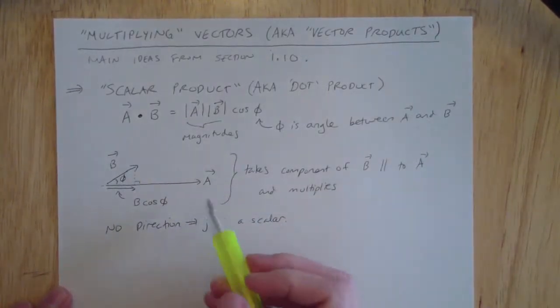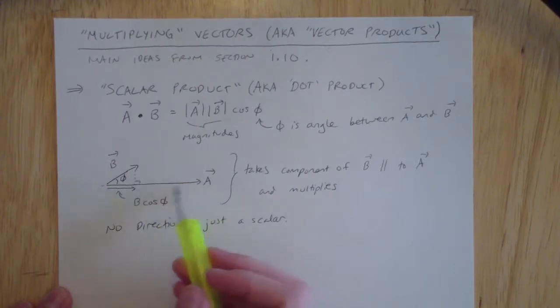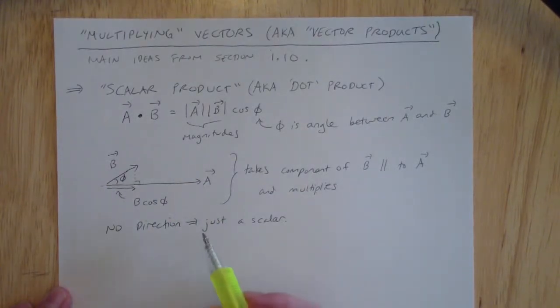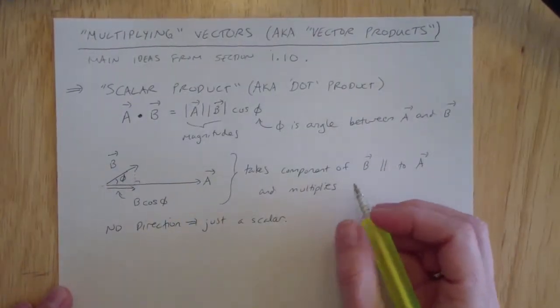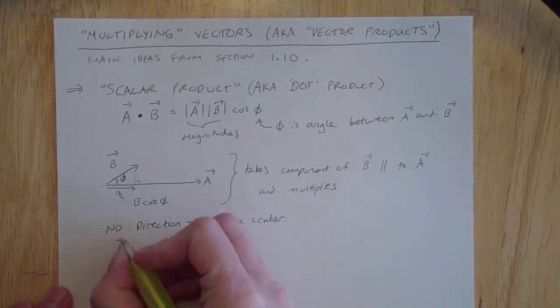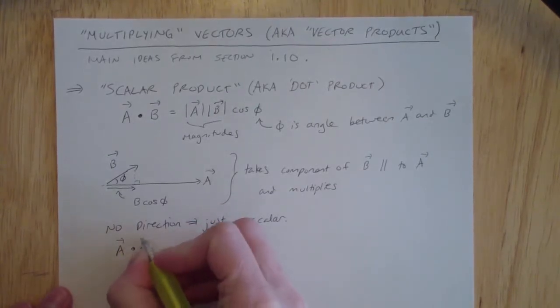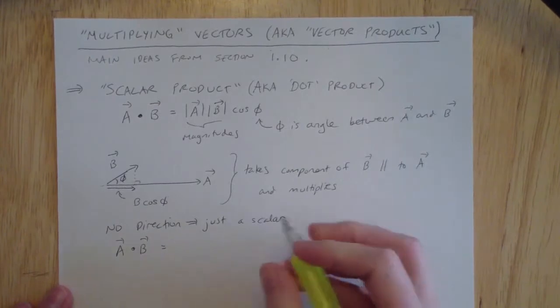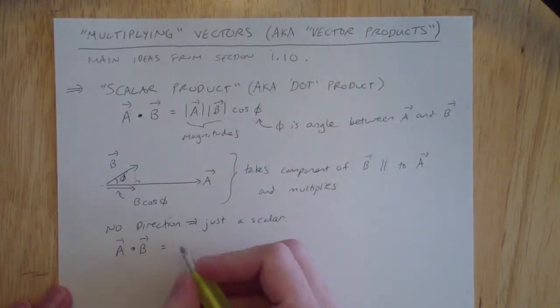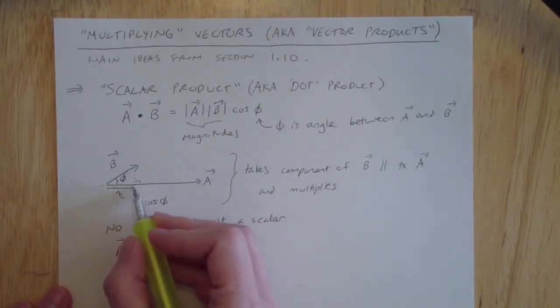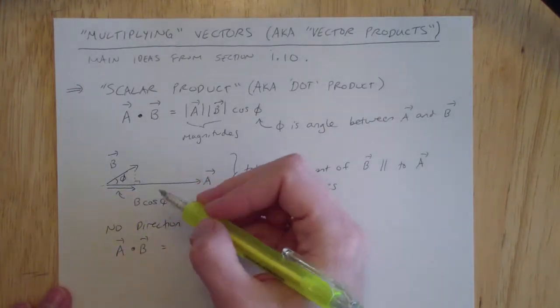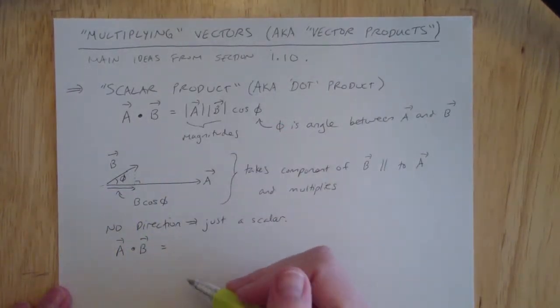But if you don't know their magnitude and direction, and you only know their unit vector components, then you can actually calculate A dot B in another way, which is that it's simply going to be equal to the x components multiplied together, added to the y components multiplied together.